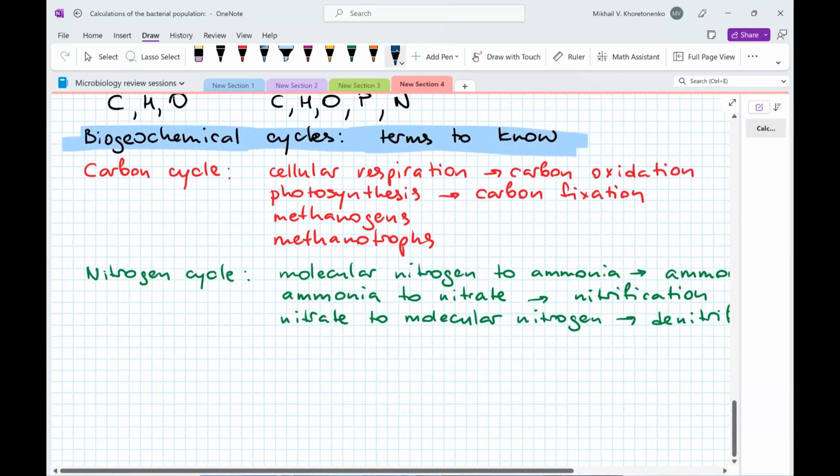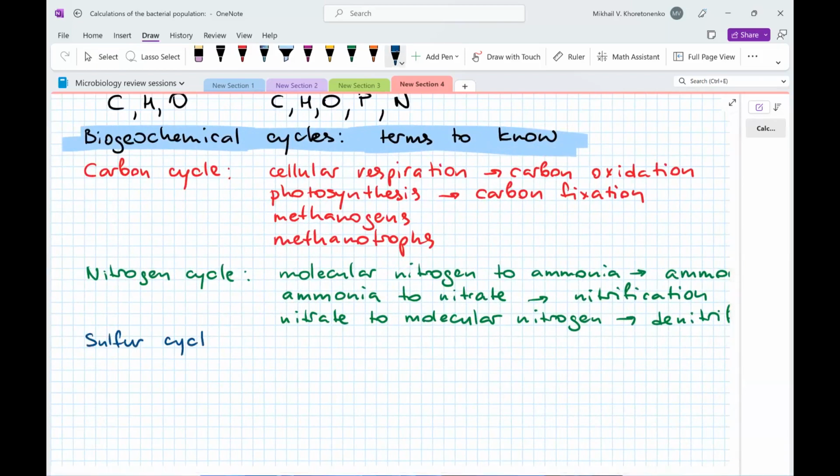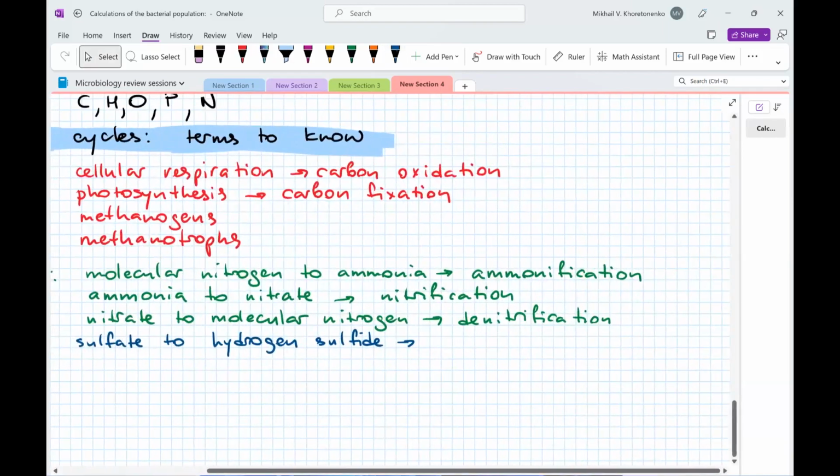Finally, for the sulfur cycle: sulfate to hydrogen sulfide, anaerobic respiration.